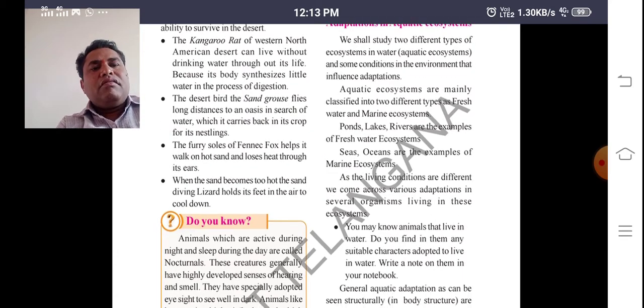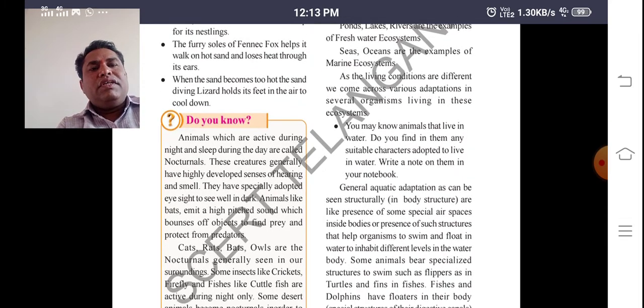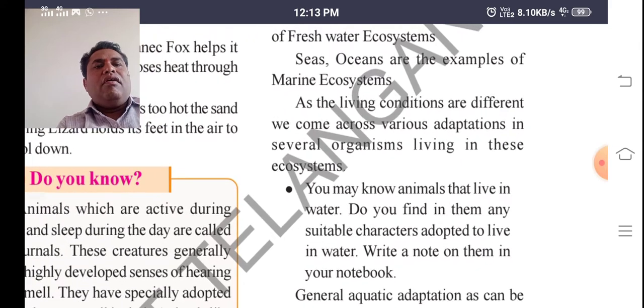So here, when you think about these, all the living conditions are different. We come across variations and adaptations in several organisms living in this ecosystem.